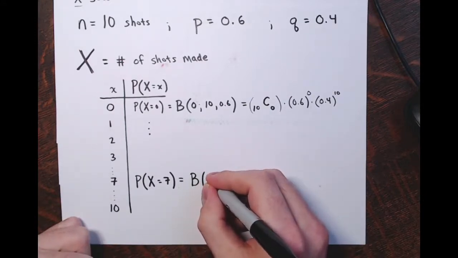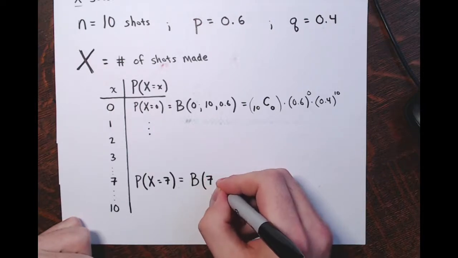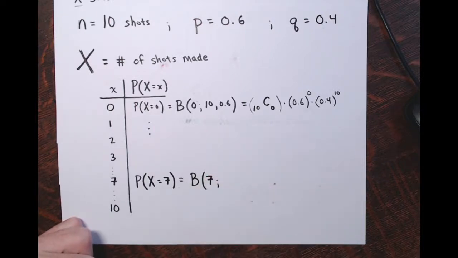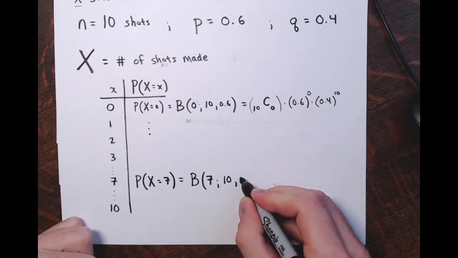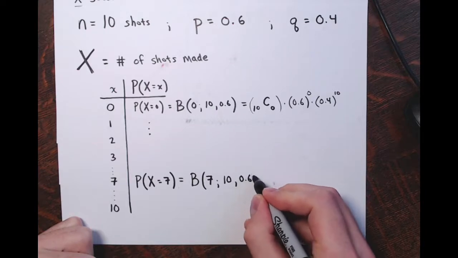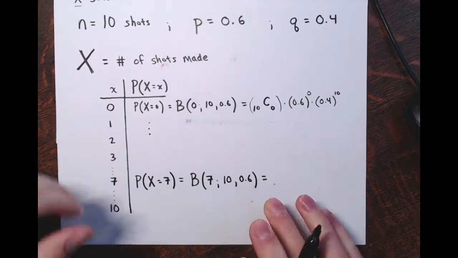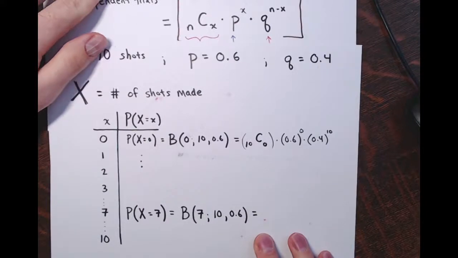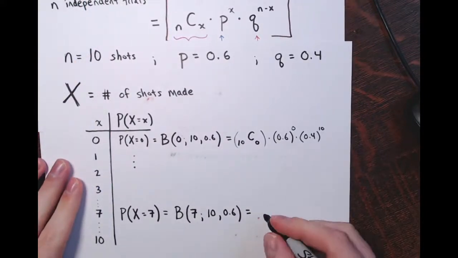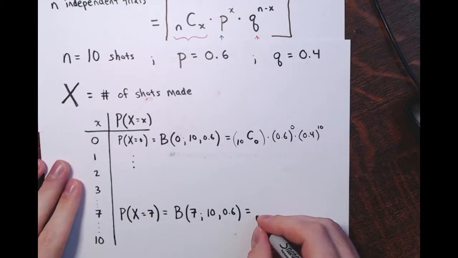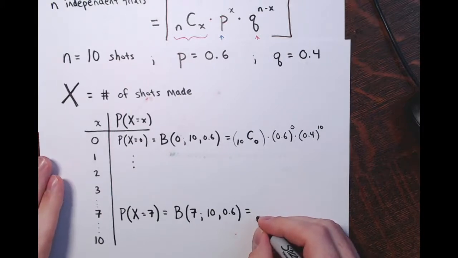We're trying to find the probability of getting exactly 7 successes, where the number of trials is 10, and the probability of success on each trial is 0.6. So again, same formula. The formula is not changing.